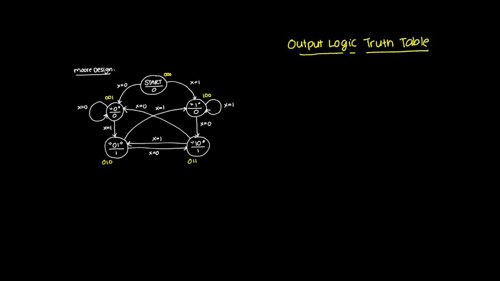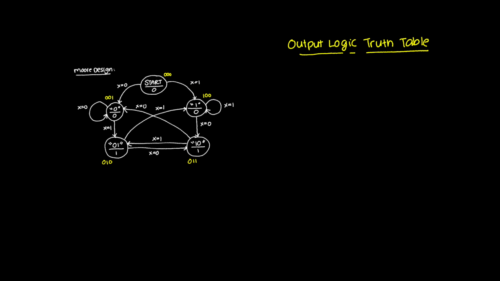So my output logic truth table, before I start to write it, this is a Moore machine, and you can see that actually my outputs are entirely dependent on the present state. They have no dependency on the input X. The input X determines transition, so that affects the excitation table, or what I've done, which is the state table, which is just an excitation table with the control logic missing.